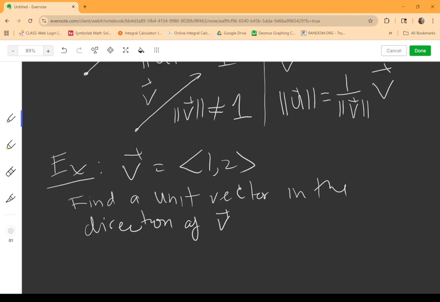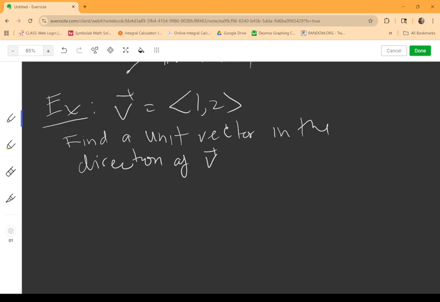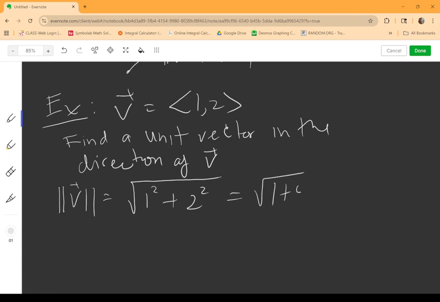The first step here is to find the magnitude of v. Finding the magnitude, we take the components 1 and 2 and square them. So here we get 1 plus 4, so the square root of 5. That is the length of v, the magnitude of v.